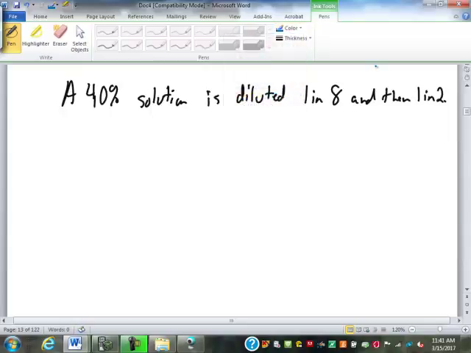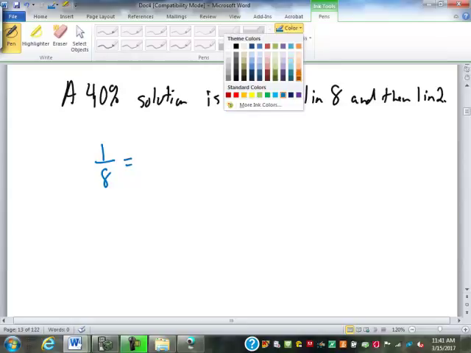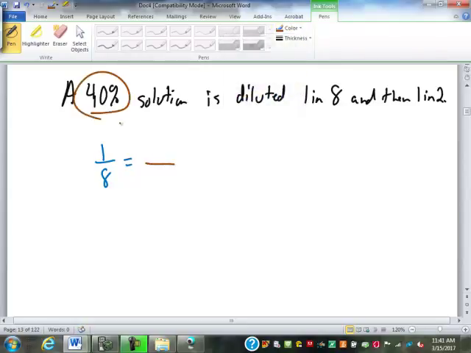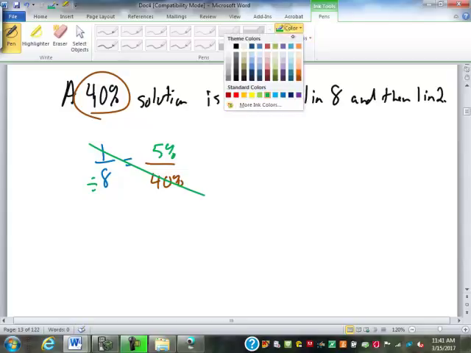Find the final concentration. Well, we just go through the process twice. So 1 in 8 dilution is 1 out of 8. 40 is the old percent, so that'll go on bottom, 40%. And cross multiply and divide. 1 times 40 divided by 8 will give us 5%.